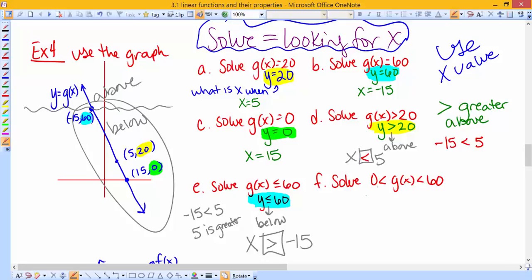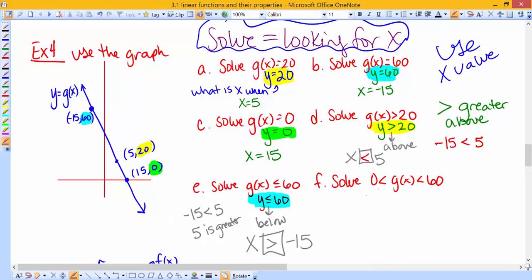Now the last one. I want my graph from between the 0 and the 60. So here's 0, here's 60. I want everything in between. So I'm going to use my x values.